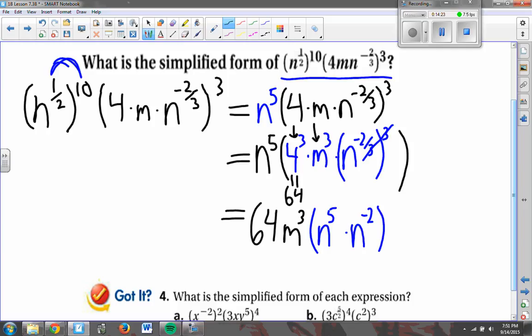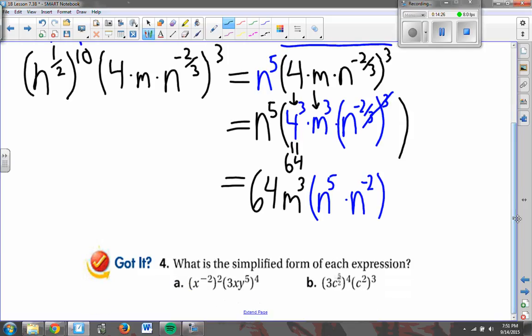Okay? So now that's the last thing that I need to simplify, and I will be all done simplifying this problem. The only issue that I still see is that I have two different n expressions now, right here and right here. But I know when I'm multiplying n to some power a couple different times, I get to take this exponent and add it to this exponent. So that's what I'm going to do next.